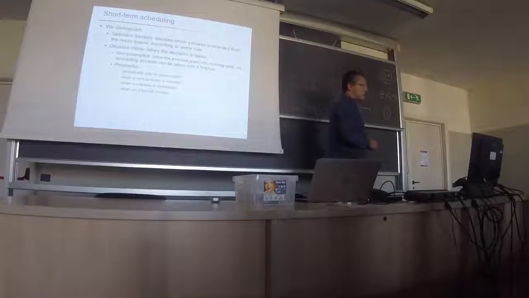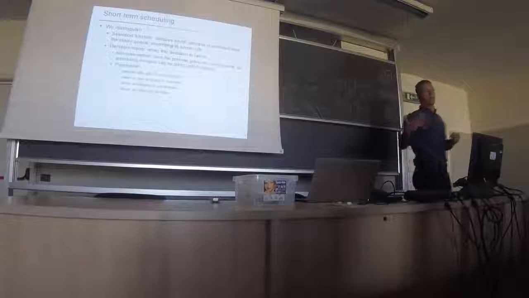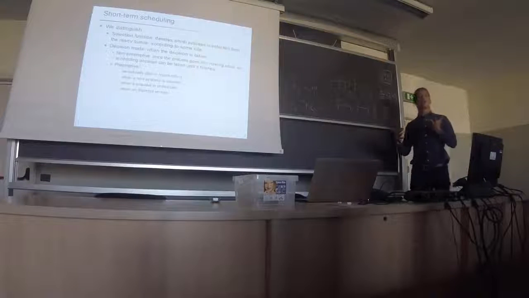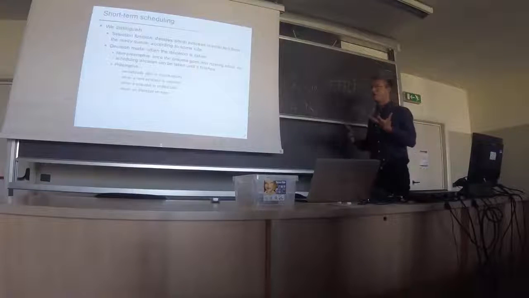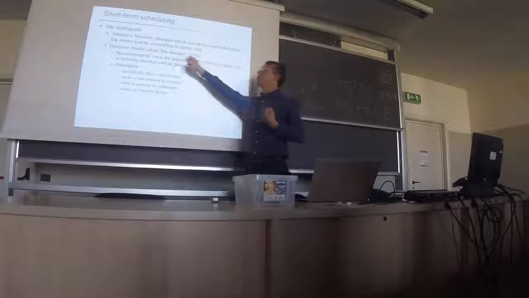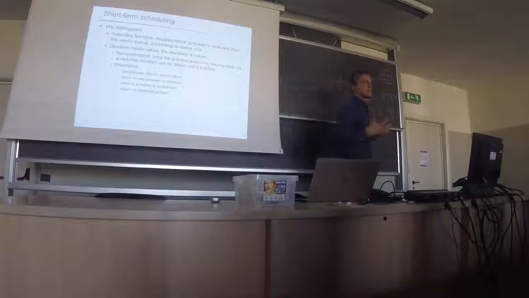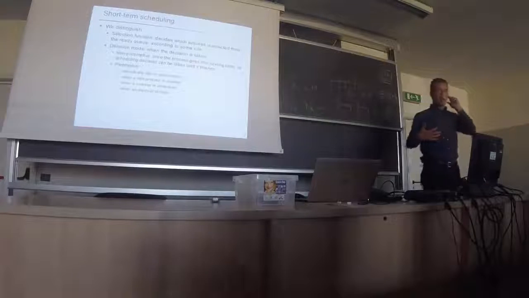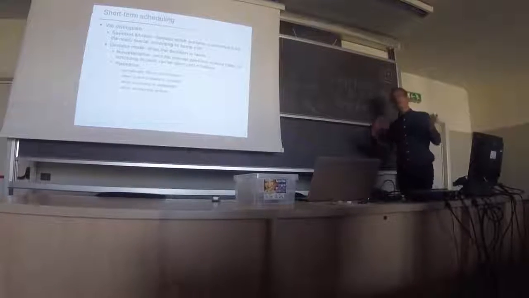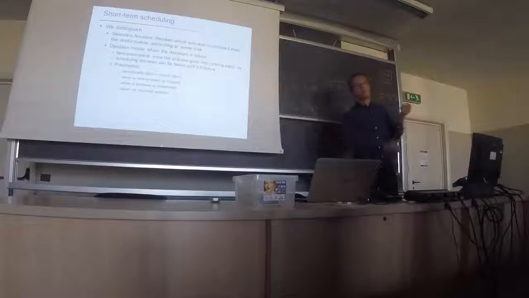So preemptive means that whoever was executing now, if a more urgent task, or better, a task that according to the selection function has higher priority than the executing task, then with a preemptive algorithm, I take the executing task, preempt it, and execute the new task instead.